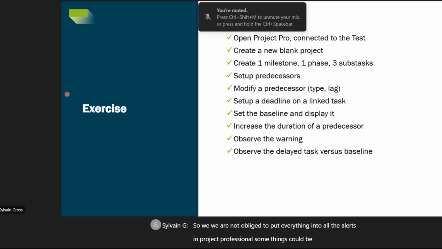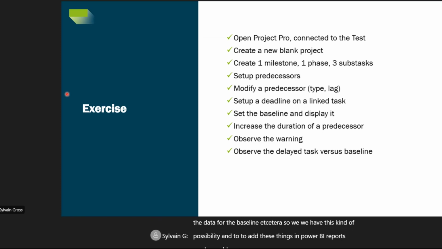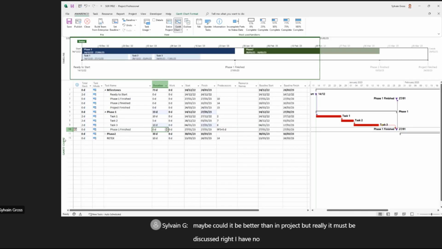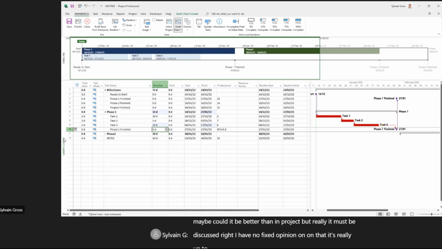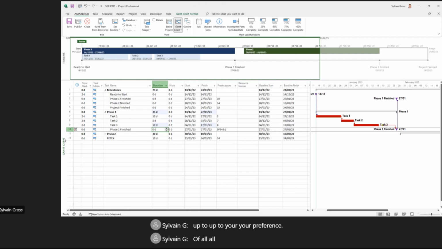Some things could be highlighted through Power BI reports to have a more synthetic view on the number of milestones finished, tasks which are over the date of the baseline, etc. Maybe it could be better than in Project, but it must be discussed. I have no fixed opinion on that. It's really up to your preference, all of you.